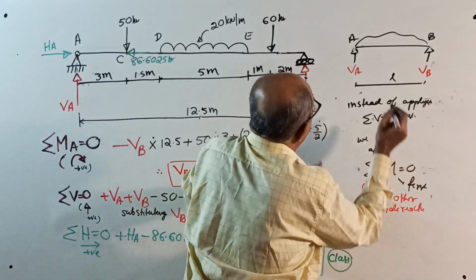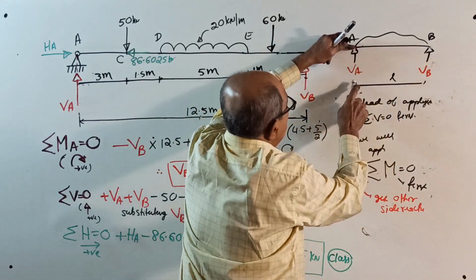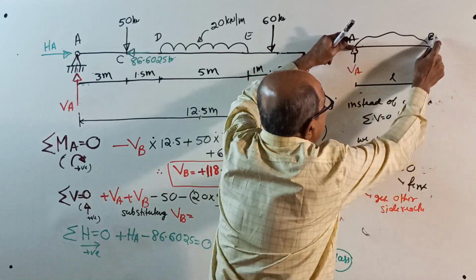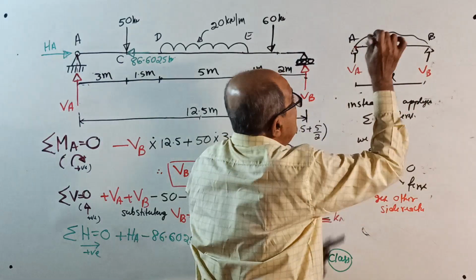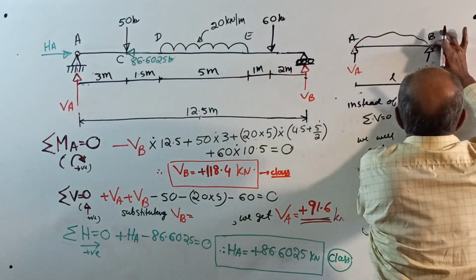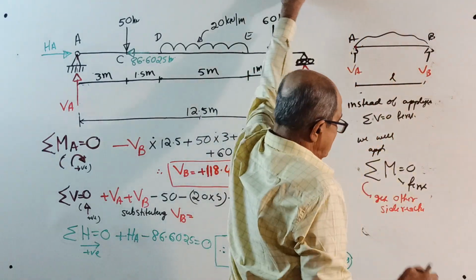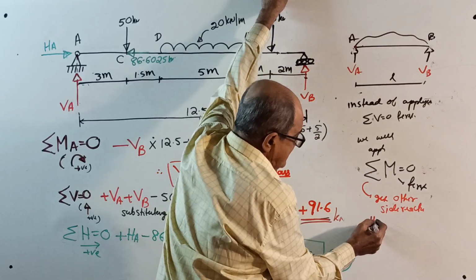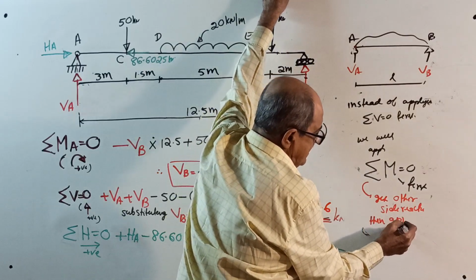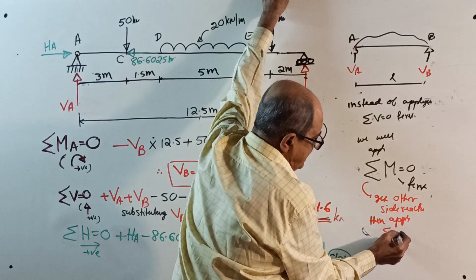Once again I will tell you, take moment about A, VB into L, VB will come. Take moment about B, VA into L, VA will come. Now apply sigma V equal to 0.